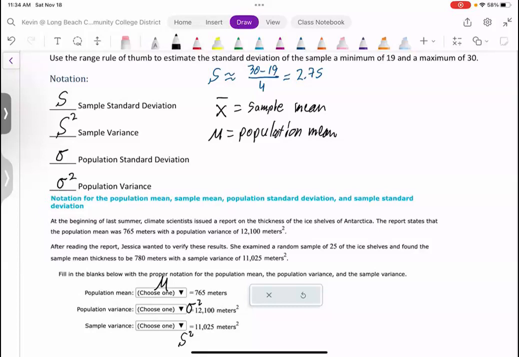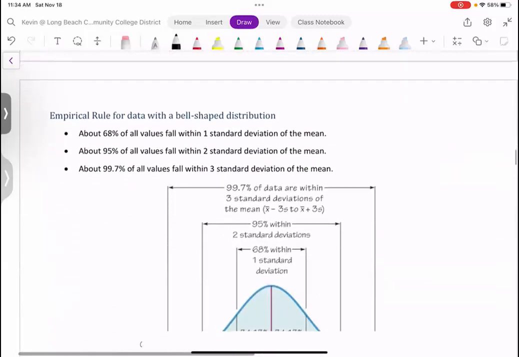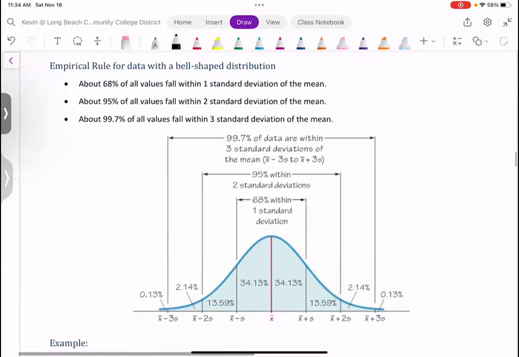And we are to the empirical rule of data. So here is a great drawing we copied from somewhere. And it says that if we go out from the mean, here's the mean, and we go out 1 standard deviation in both directions, that is going to capture about 68% of all of the data.